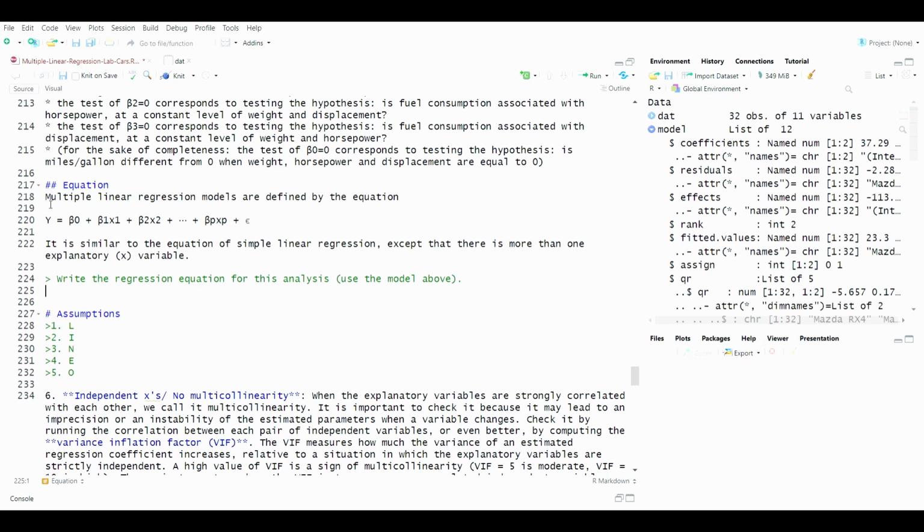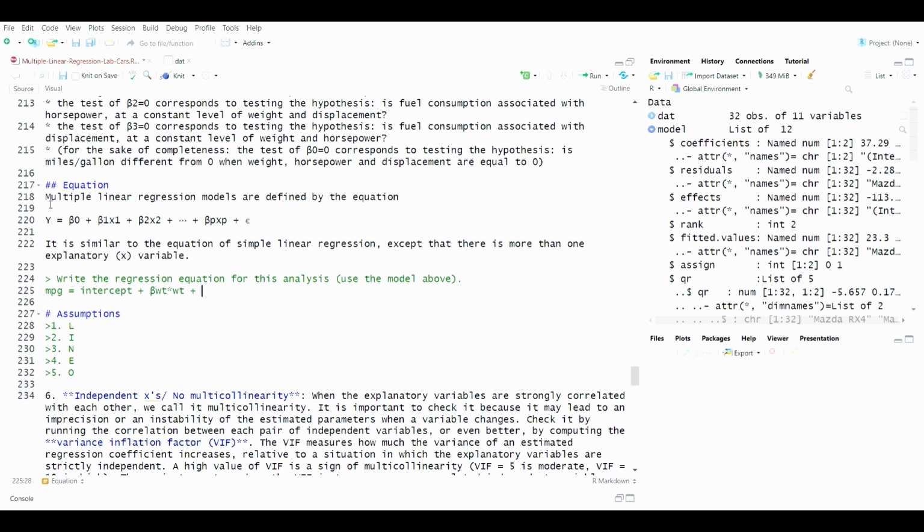Miles per gallon is equal to the intercept plus beta 1, which is the beta of weight, times whatever that weight value is, right?